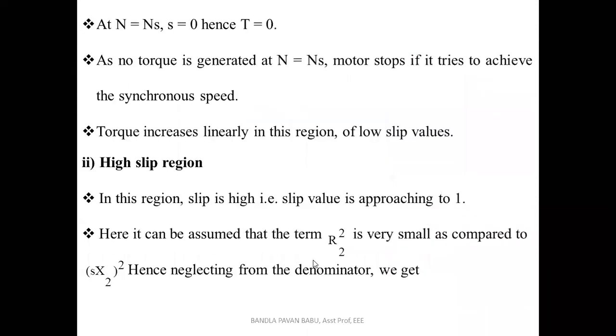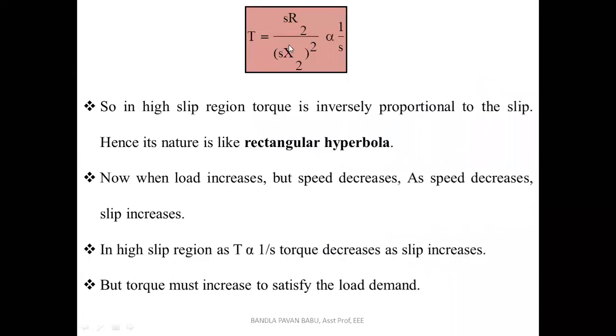Thereby neglecting R2 square in the denominator, equation A becomes T is equal to s into R2 by (s into X2) whole square, which is proportional to 1 by s. Here R2 is a constant. So finally, it is proportional to 1 by s.